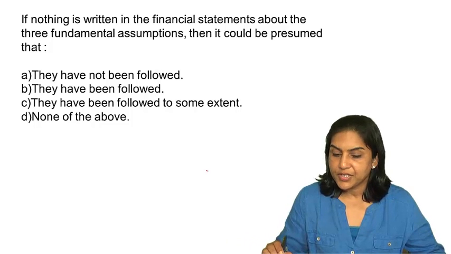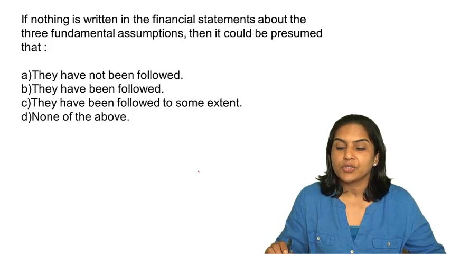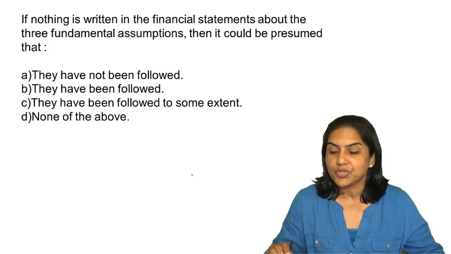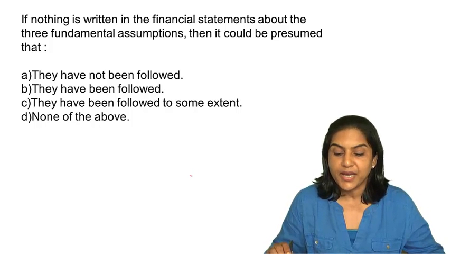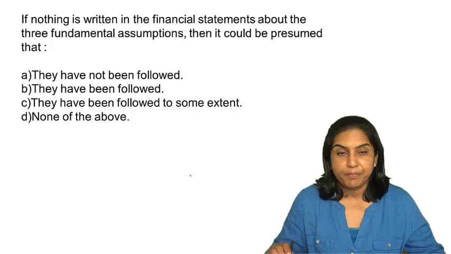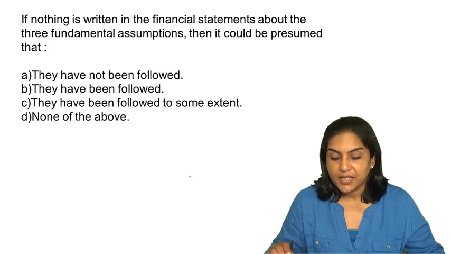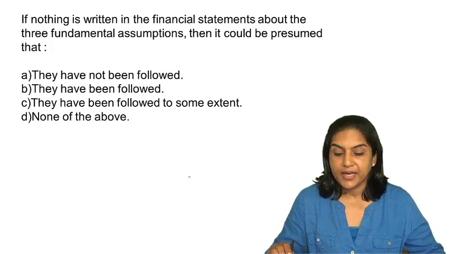If nothing is written in the financial statements about the three fundamental assumptions, then it could be presumed that A, they have not been followed. B, they have been followed. C, they have been followed to some extent. And D, none of the above.